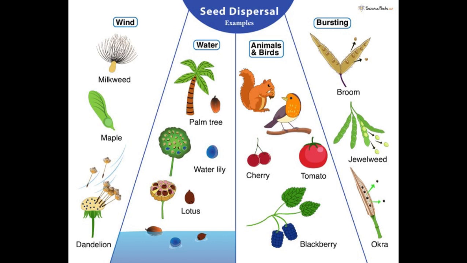Wind dispersed seeds must be smaller and lighter in weight. They might have special structures that catch the air, such as wings or fluff. The structure increases the seed's hang time in the air and allows them to travel extremely far distances.